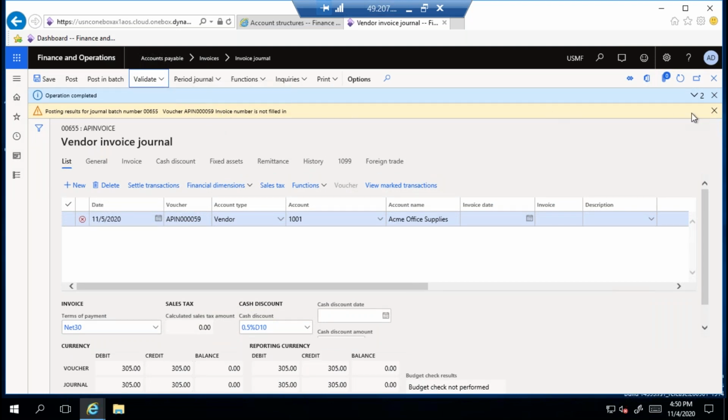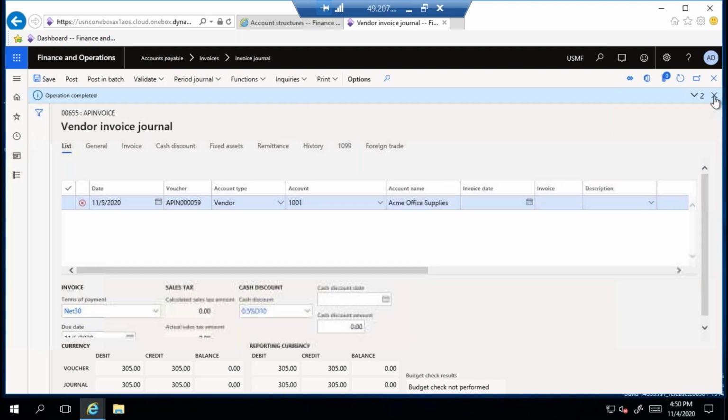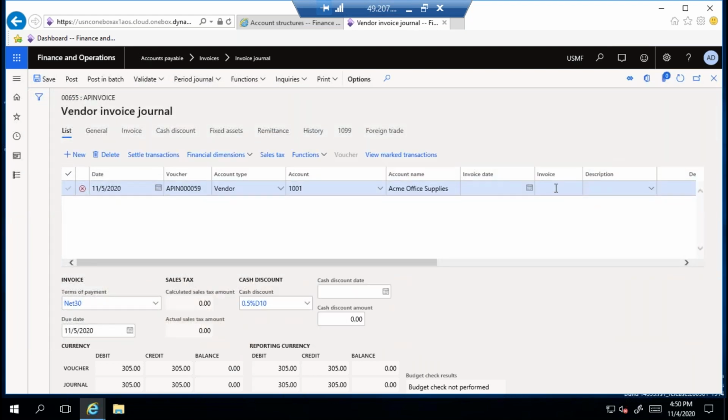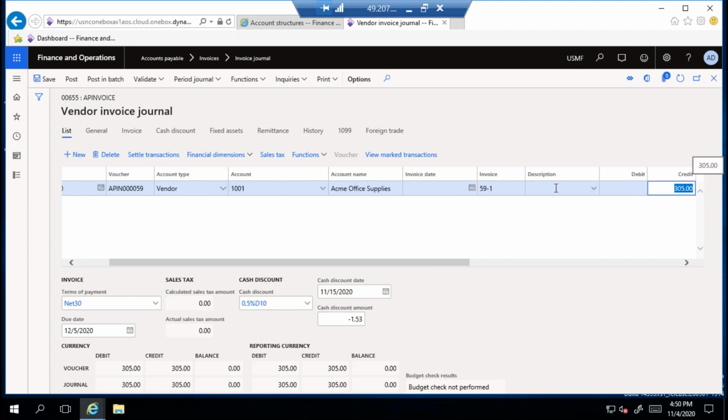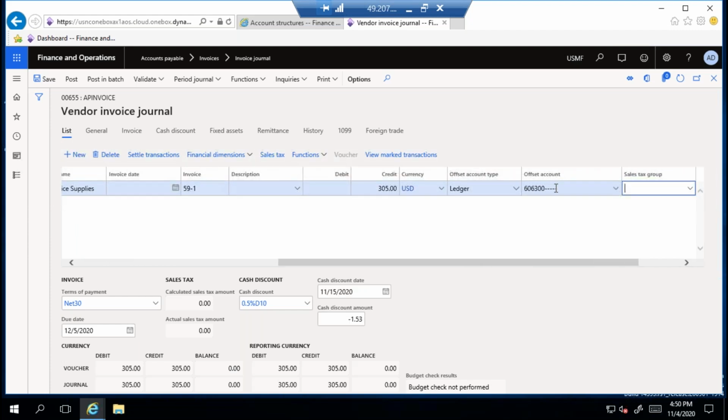Invoice number must be filled in, then you need to enter the invoice number and amount. It was entered. Offset account also entered.